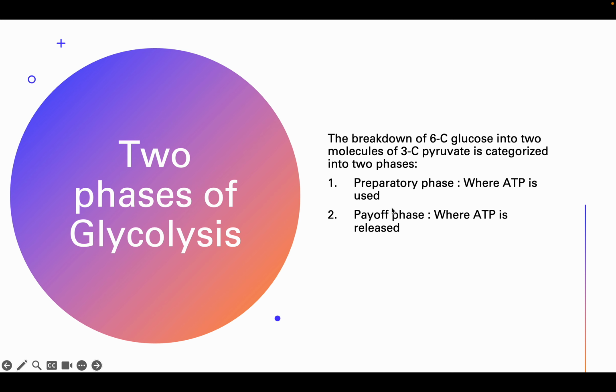In the preparatory phase you spend 2 molecules of ATP, but in the payoff phase you get 4 molecules of ATP. So in the end you are getting more energy from this pathway, and this is the immediate source of energy whenever in need.